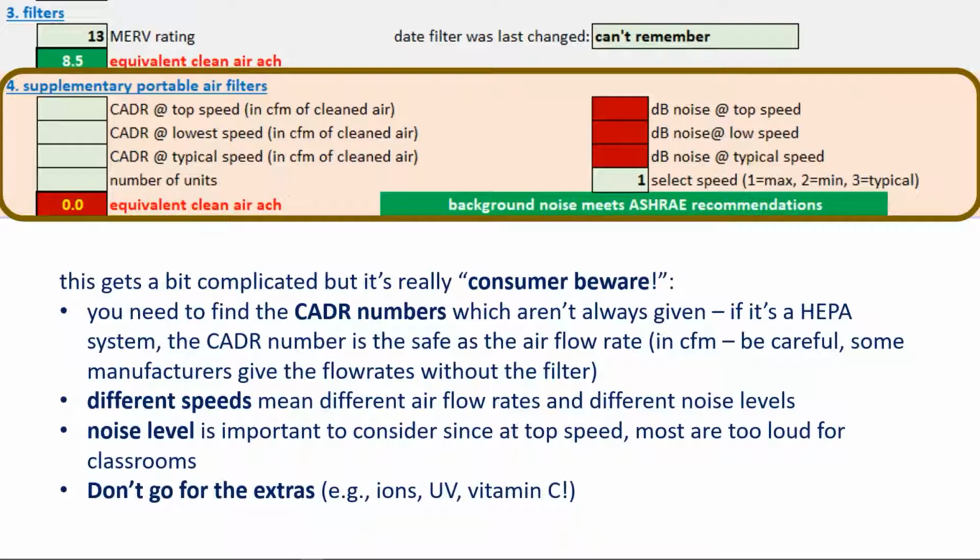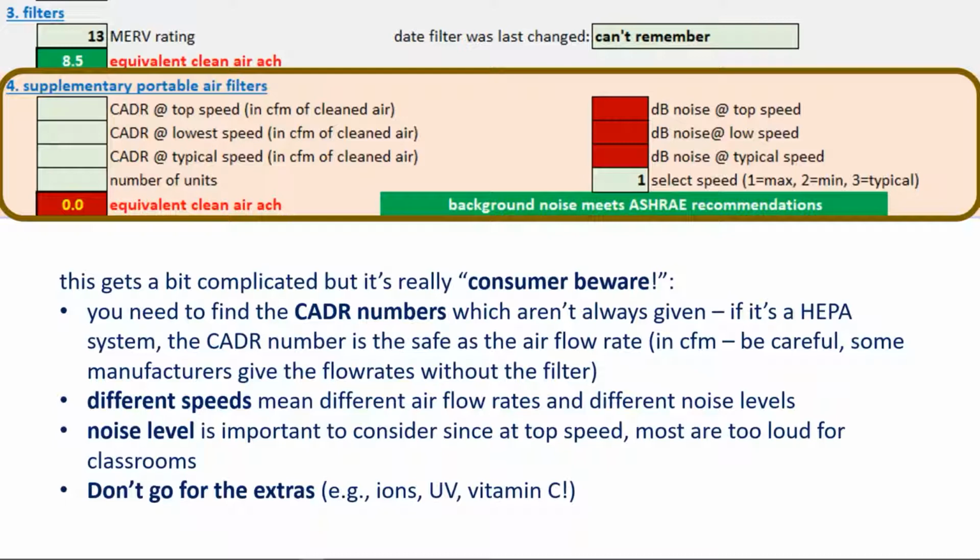So again, consumer beware. There are different speeds which relate to different airflow rates and different noise levels. The noise level is important because the CADR rating is for the top speed, and if you're not using the top speed, you're not getting that level of cleaning.